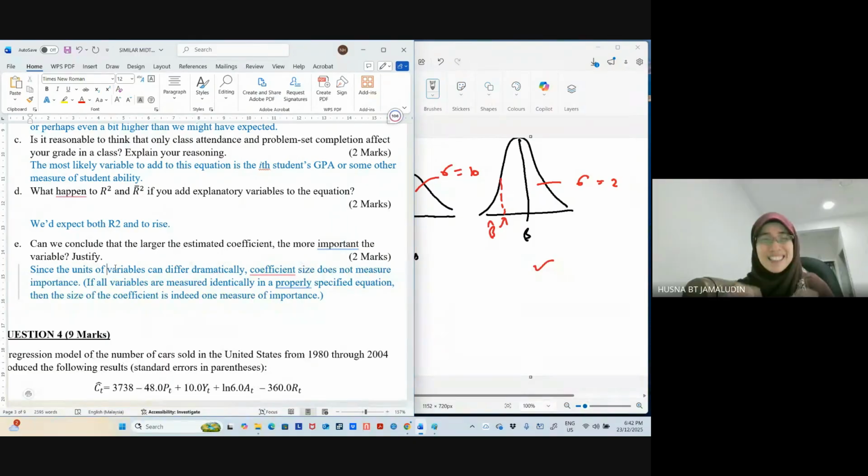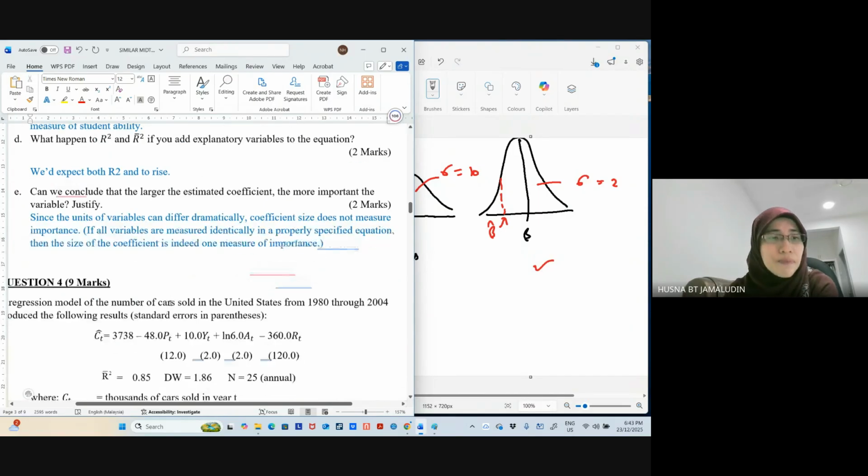You don't want to put the same variable in the same equation, or else you will have multicollinearity and you have to drop the variable. Normally, even though one variable has a bigger coefficient, it doesn't measure importance because they are measuring different things.